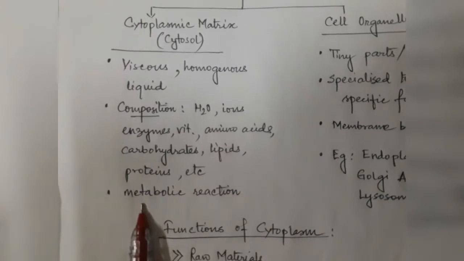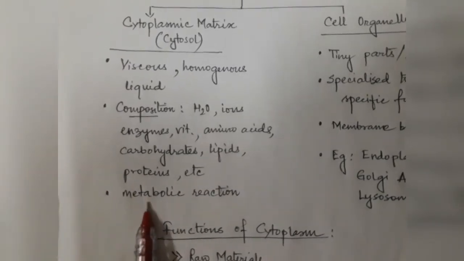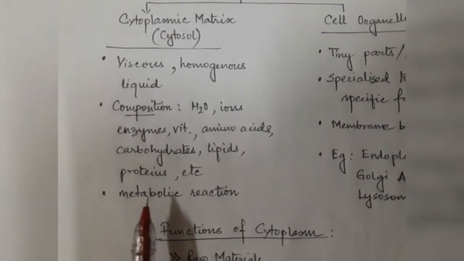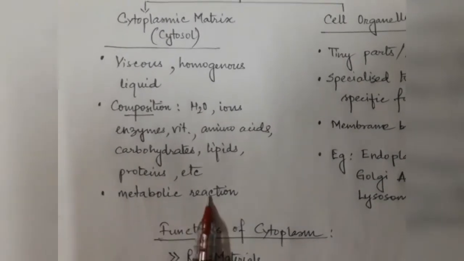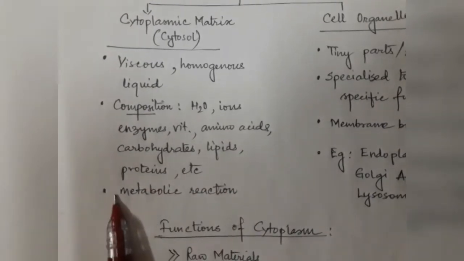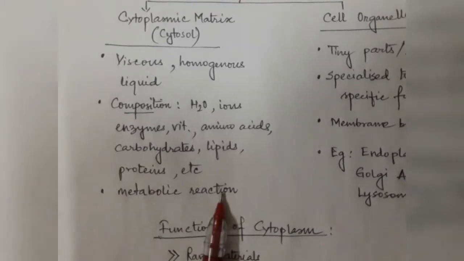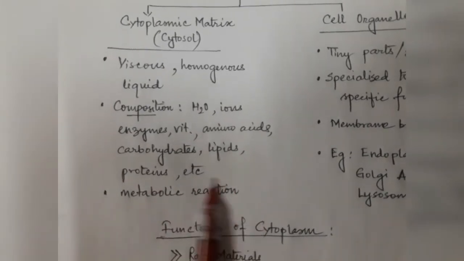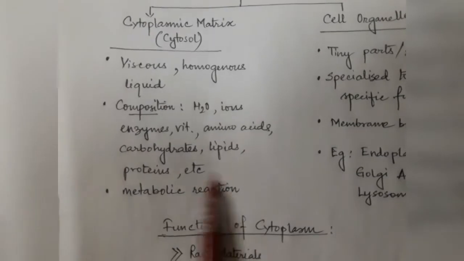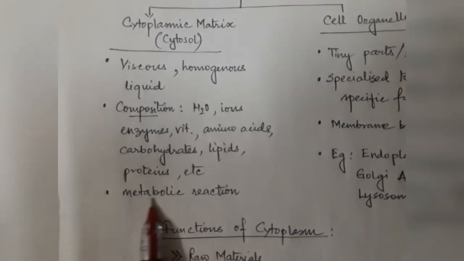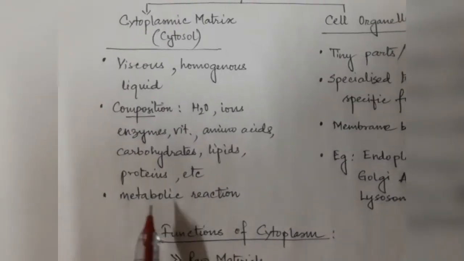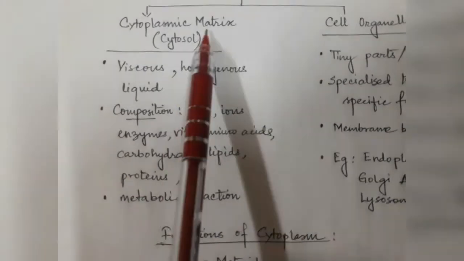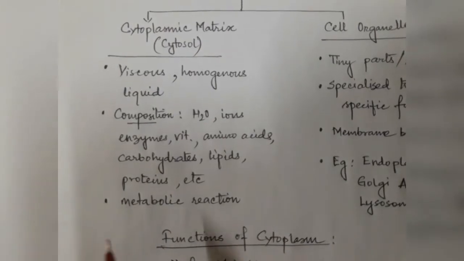I repeat, anabolism is where materials are synthesized, and catabolism where materials are broken down. So if any component is produced, if any component is broken down, that type of reaction is called a metabolic reaction. And this metabolic reaction takes place inside the matrix, right?